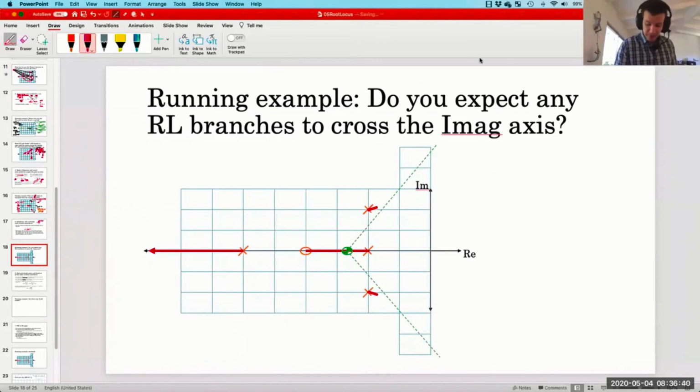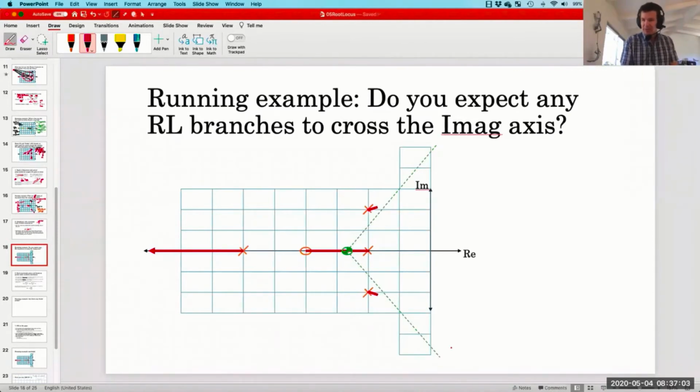So, chat, what do you think? Yeah, so the question in chat is, for big K, does that mean we have a dominant pole that makes the system unstable? Yes, that's actually right. The dominant poles, plural, will be these two that go into the right half plane.